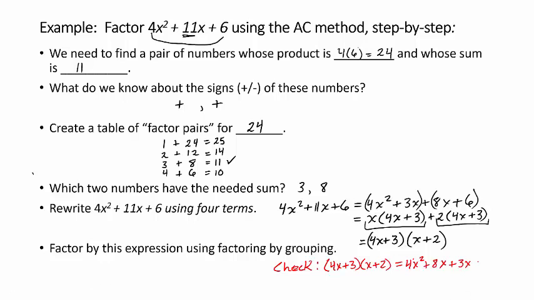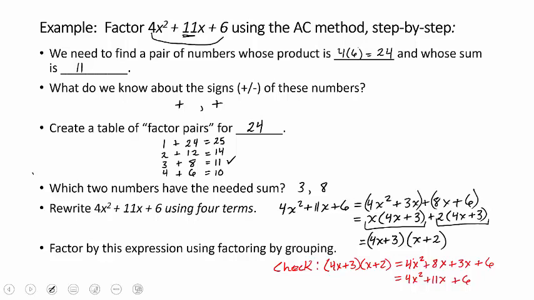And 3 times 2 is 6, right? First, outer, inner, last. And then I can clean up the middle term. Also you can see, as we check it, when we did that foiling, we got that expression 4x squared plus 8x plus 3x plus 6, right? Which is the same thing we started with up above.